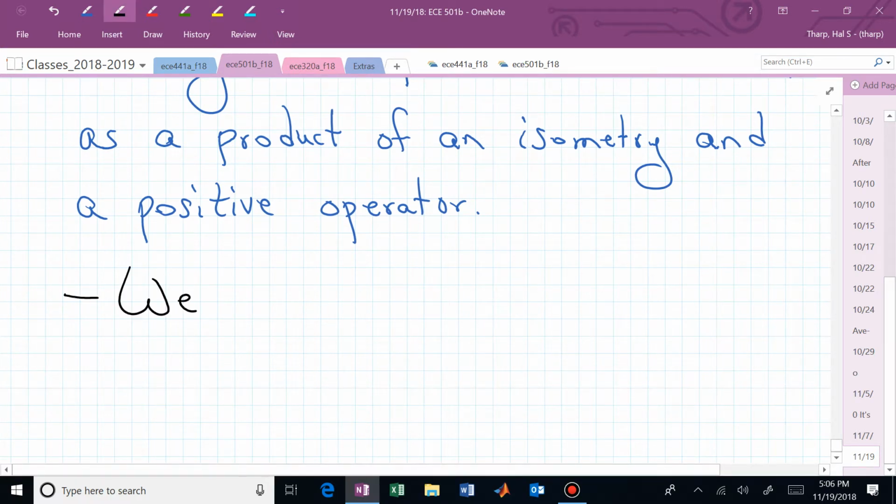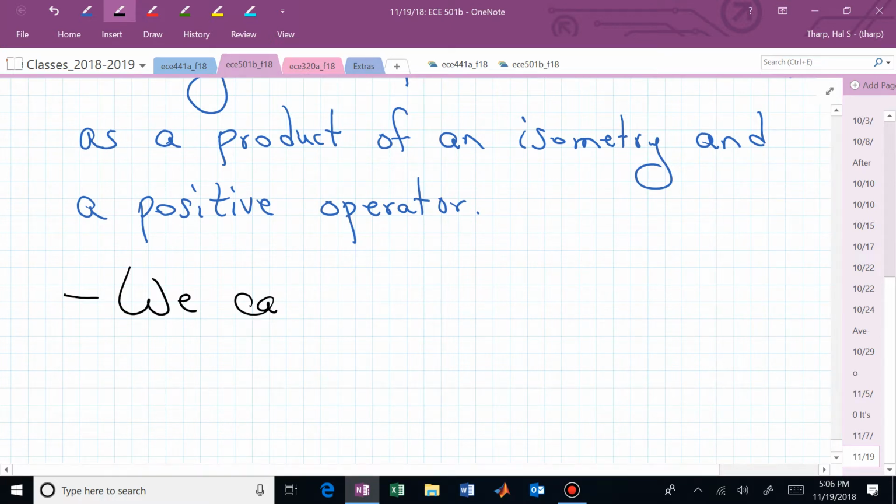And we know what those do. We know the positive operator scales, expands or contracts. And the isometry, that just rotates. So now any linear operator we can think of as an expansion and contraction at the same time in different directions, and then a rotation.